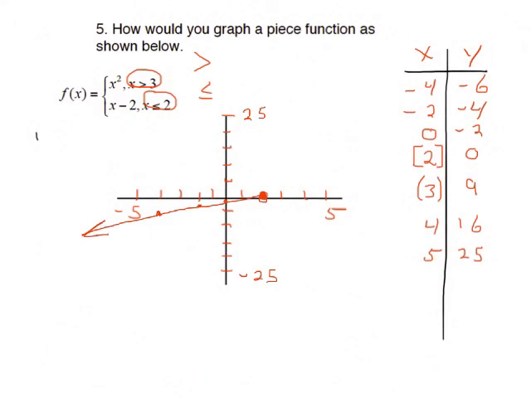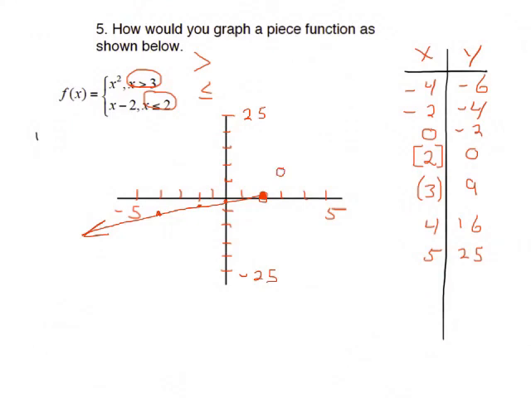Okay, now let's take a look at the other one here. The other one says when I was at a 3, it is at a 9. So now notice it is open. So I'm going to go up at 9 and put an open circle. Oops, not there. Got to leave room for the hole. So I'm going to go at 3 and move up to 9 and put a hole right there.